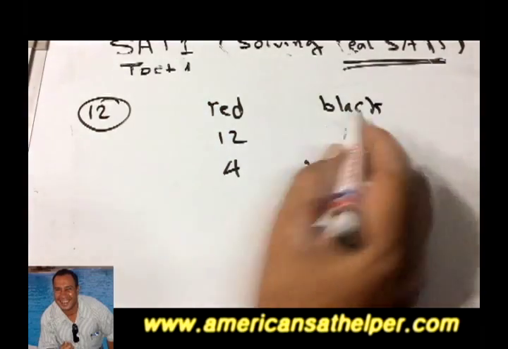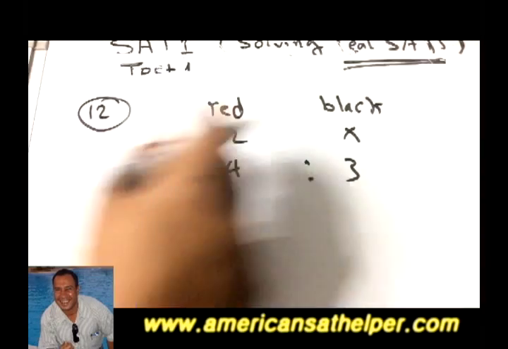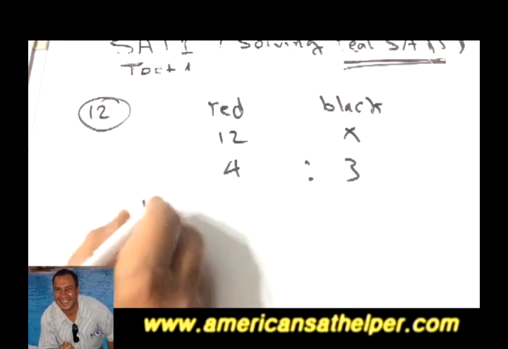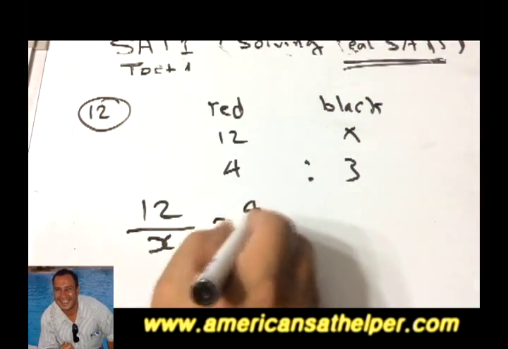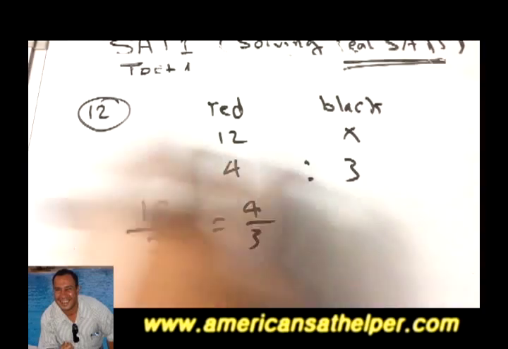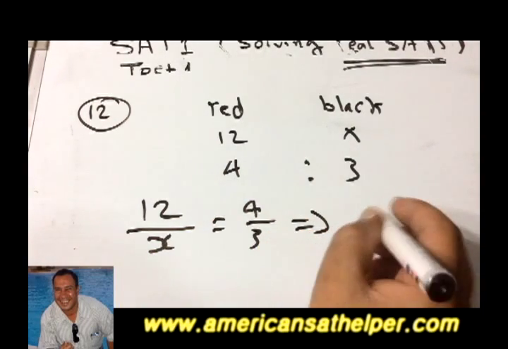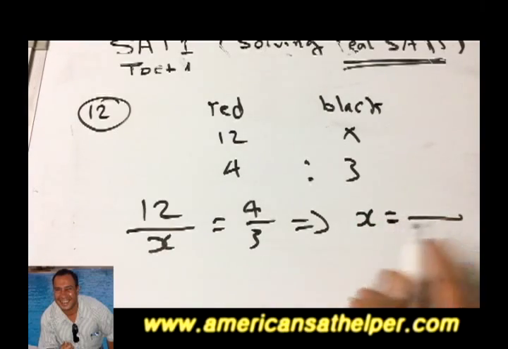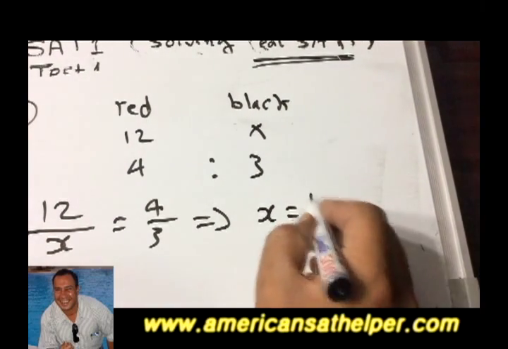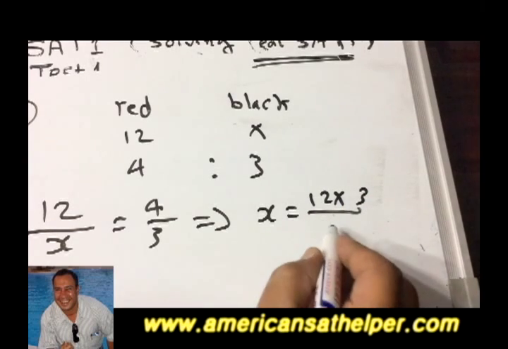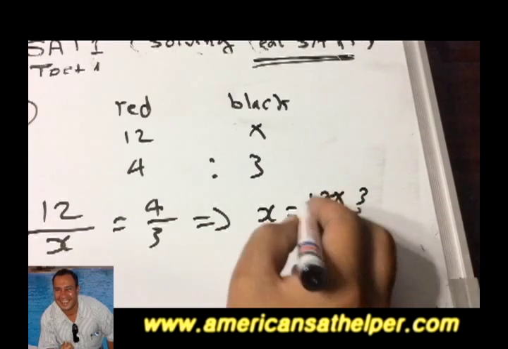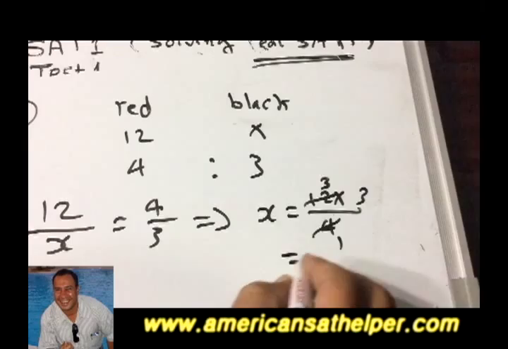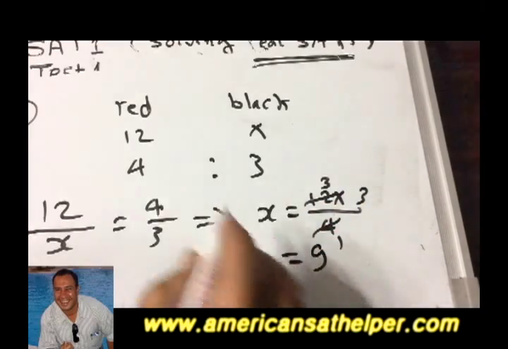Say x. The ratio became 4:3. It means 12 over x equals 4/3. By cross multiplication, x will be 12 multiplied by 3/4. Over 4, 1 over 4, 3. So the answer is 3 multiplied by 3, which gives 9.